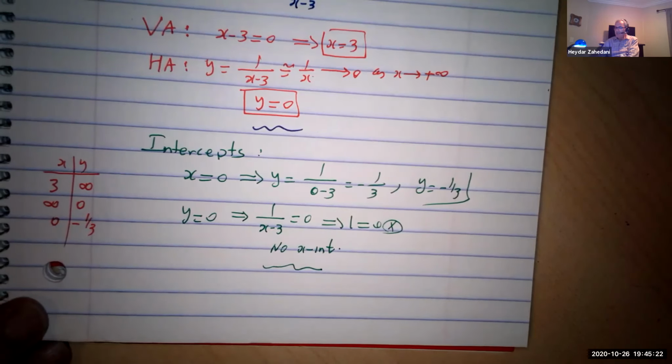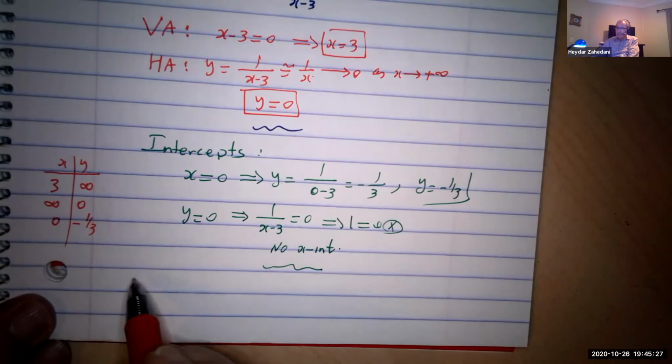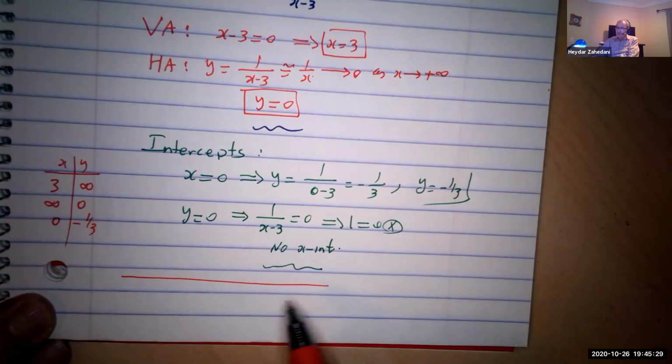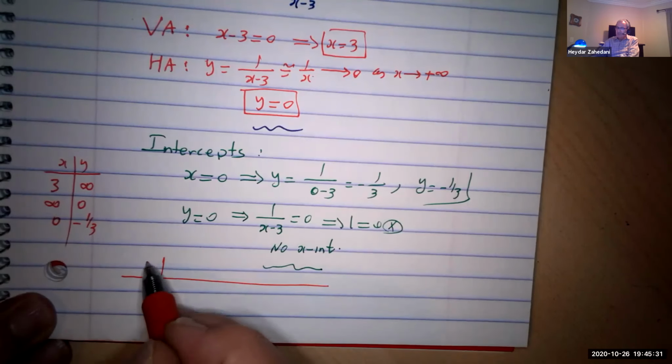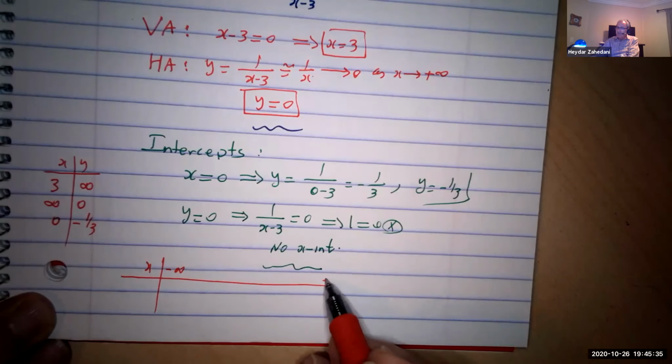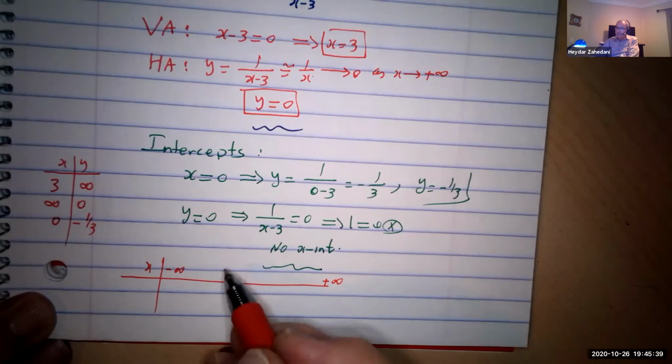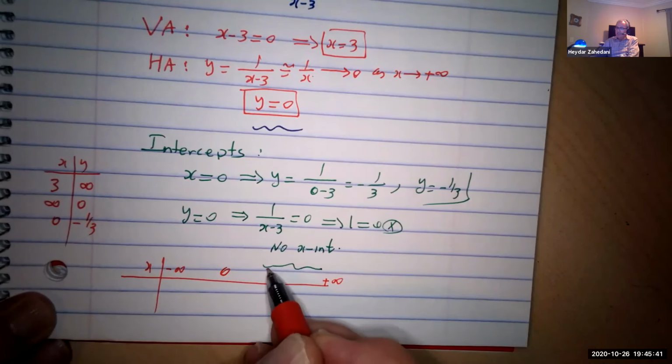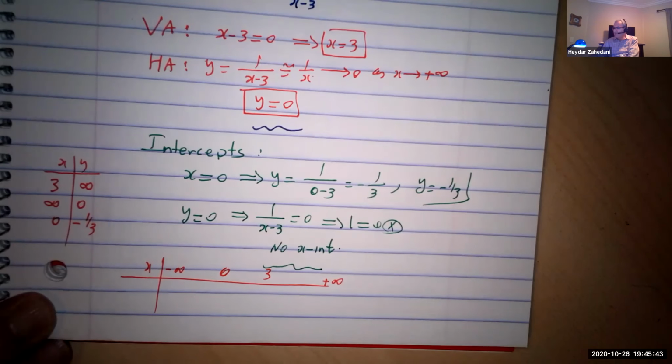Okay, so I can preview it now with this information that I have. So this is going to be my preview. This is an x, negative infinity and positive infinity. The numbers that I have for the x are just 0 and 3. So what do you have for the y?